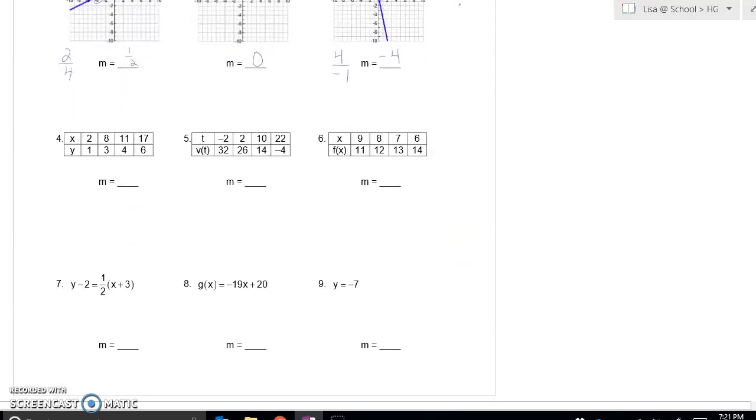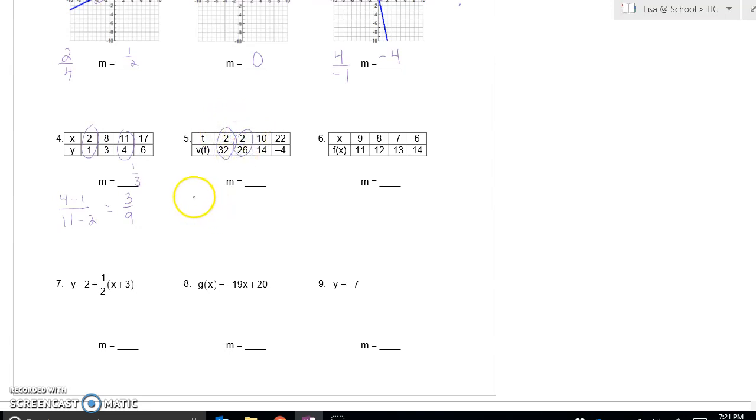In the table, I can choose any two ordered pairs, and I can find the change in y over the change in x. The change in y, 4 minus 1, the change in x, 11 minus 2. I end up with 3/9, which reduces to 1/3. In the next table, I'll choose two ordered pairs.